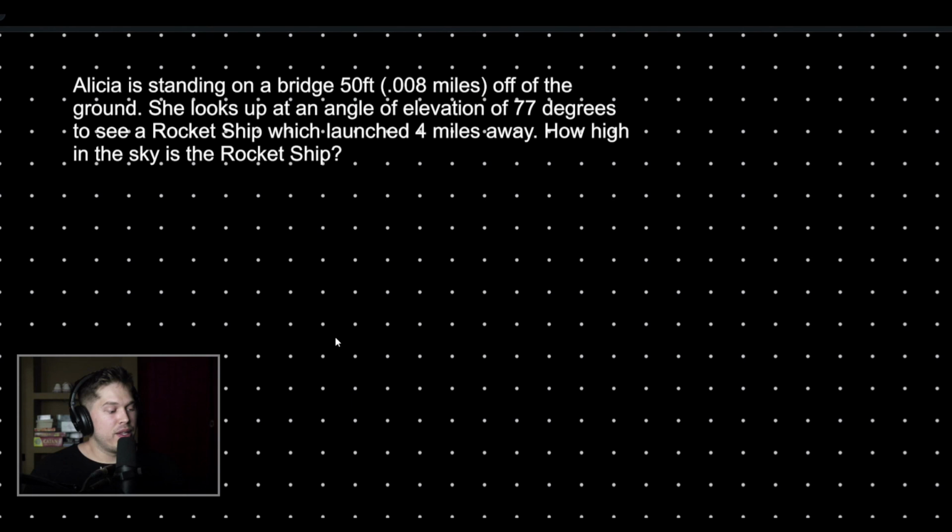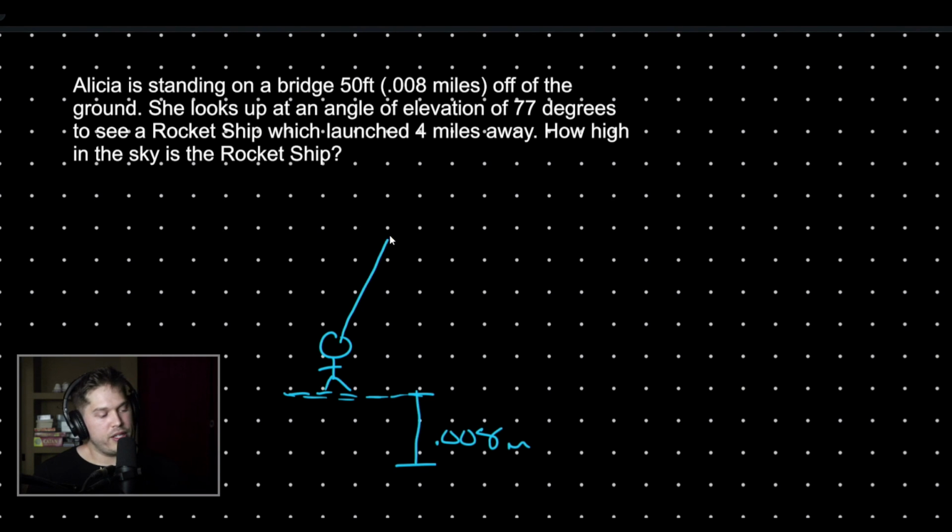Okay, so we have Alicia. She's standing on some bridge that is 0.008 miles in the air. And she is looking up, nearly straight up, not quite straight up, but she's looking up at an angle of elevation of 77 degrees.